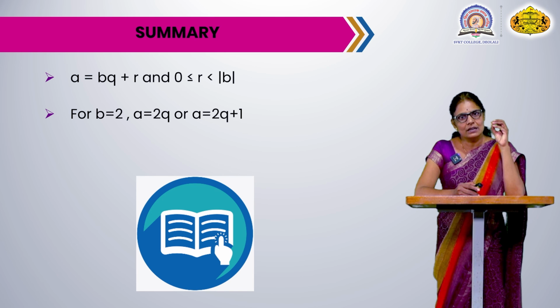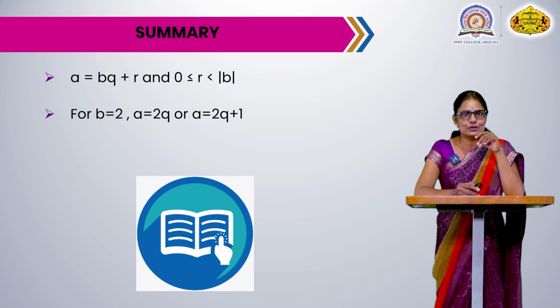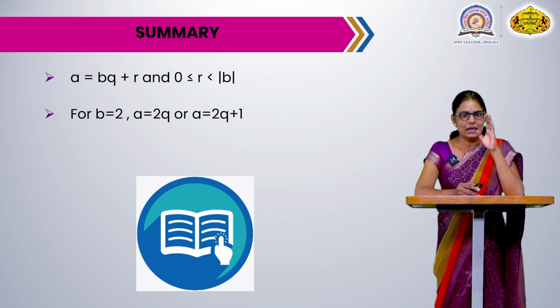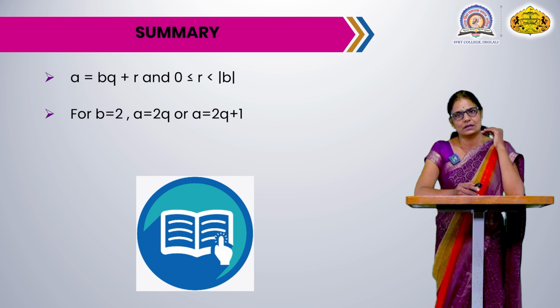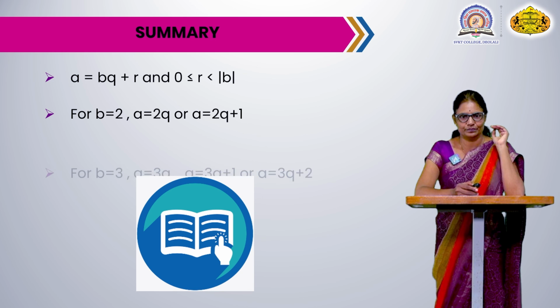So there are only two forms for a. First is a can be written either 2q form or a is equals to 2q plus 1. Similarly, if I take b is equals to 3, there are three different representations for a: thrice q, thrice q plus 1, thrice q plus 2 and so on.